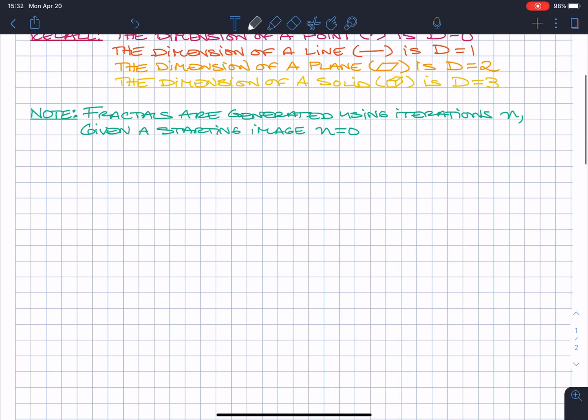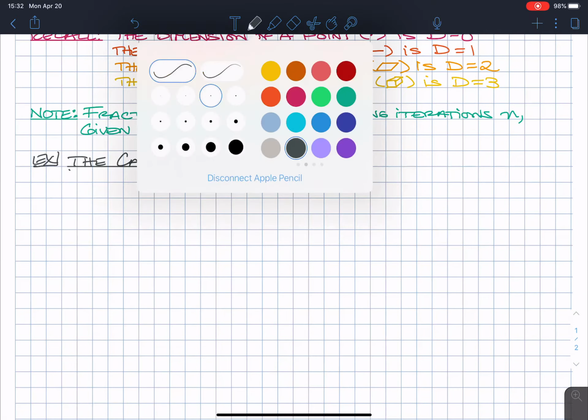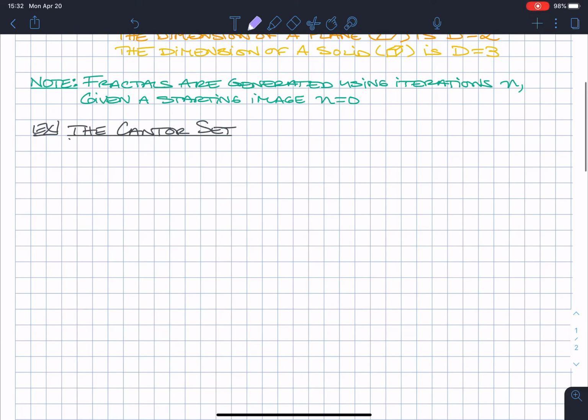Okay, so the first example is called the Cantor set, after Georg Cantor. For n equals 0, in the Cantor set, what we're given is a line, any line.